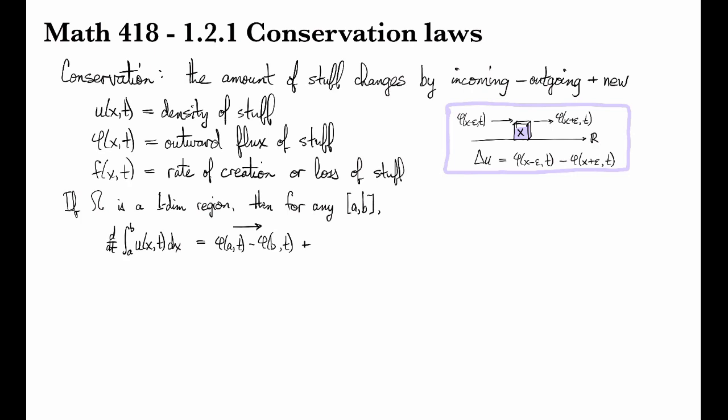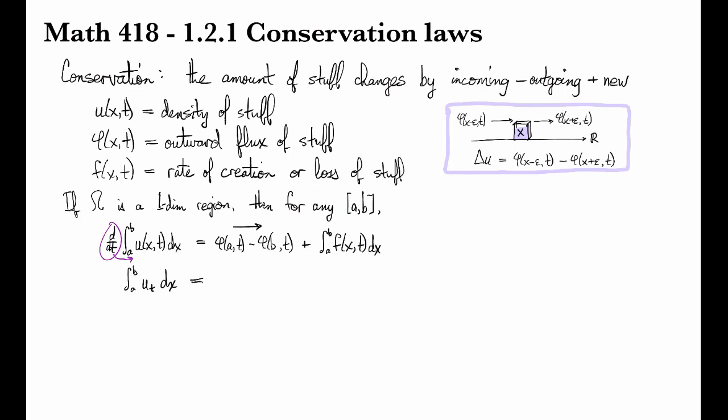And then we must also add in whatever is coming in at locations inside the interval. So we have this set up right here, and assuming that U is sufficiently smooth, we can bring this derivative inside, and then it becomes the integral from A to B of the partial of U with respect to t.